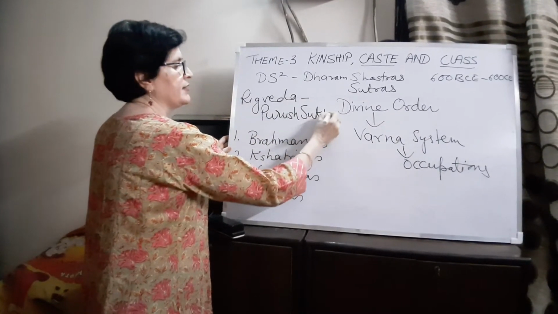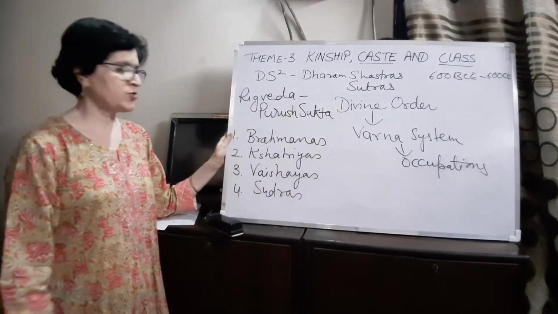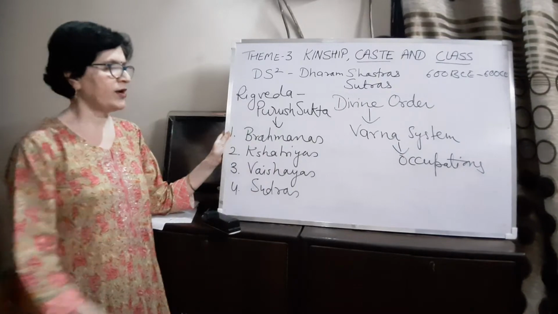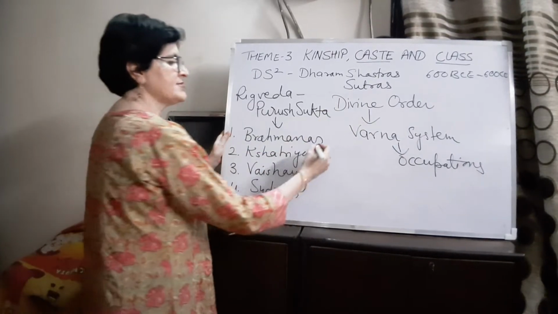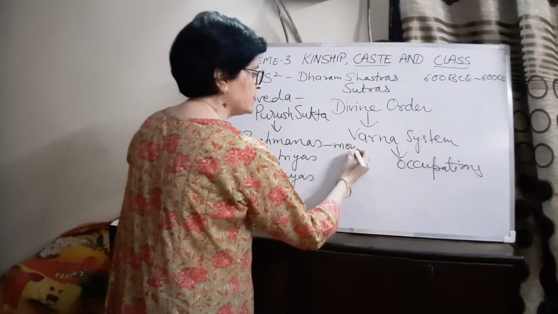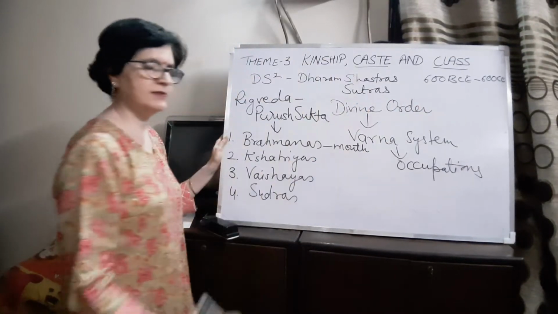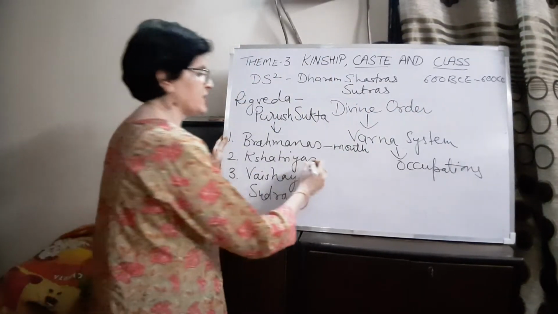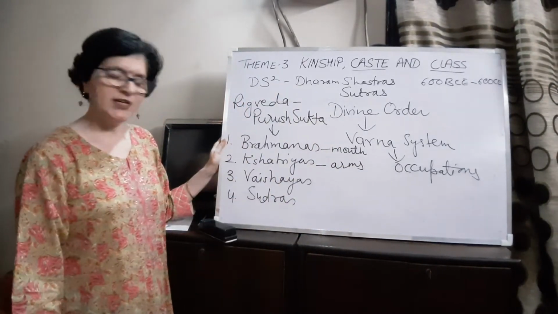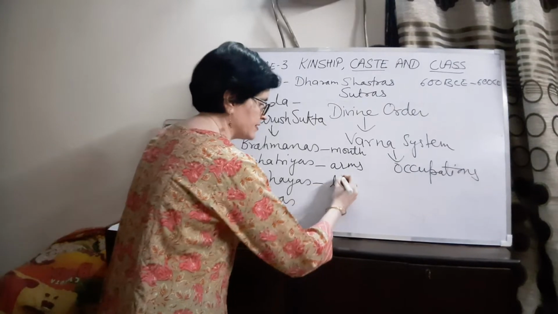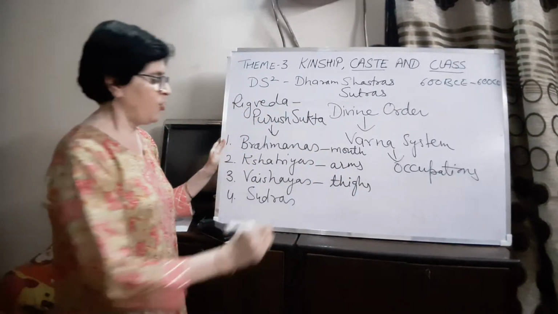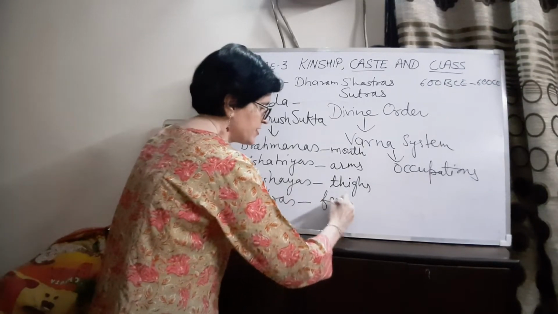The Purush Sukta mentions this 4 varna system or divine order, and says that Brahmanas originated from the mouth of that primeval man, Kshatriyas from the arms, Vaishyas from the thighs, and Shudras from the feet.